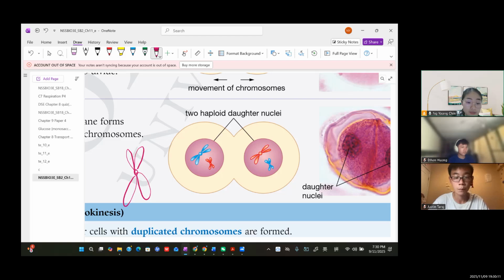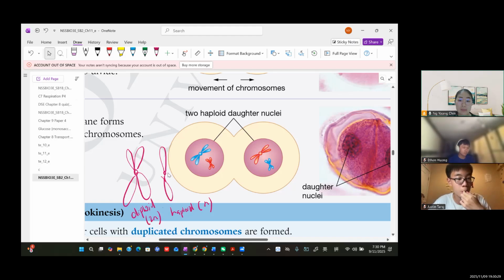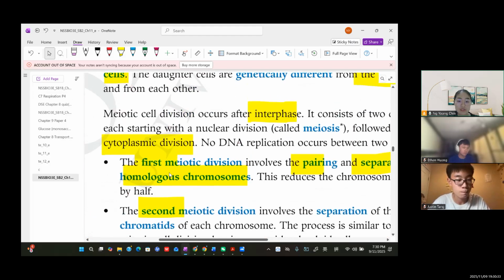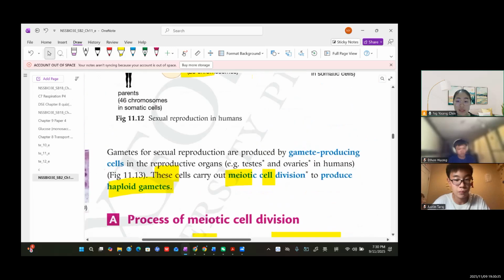Diploid, 2 sets. Okay? If there's only like this, it is 1 set, because haploid. So now you can differentiate the mitosis and the meiosis.